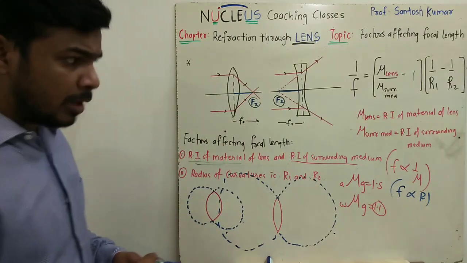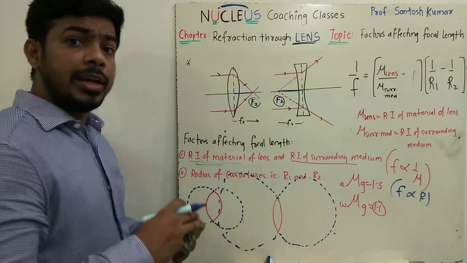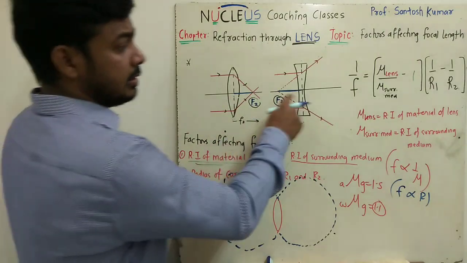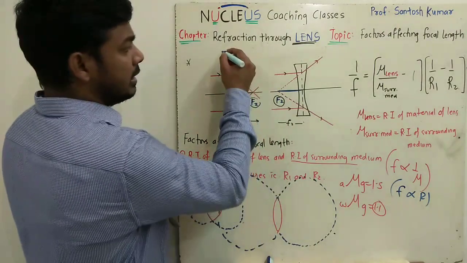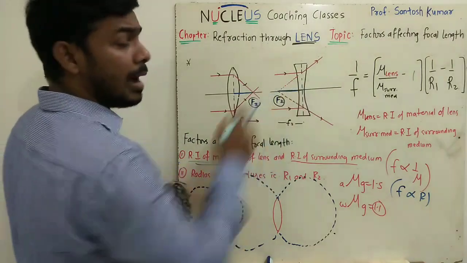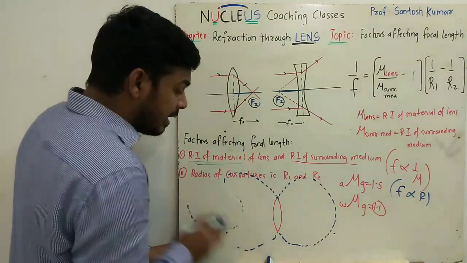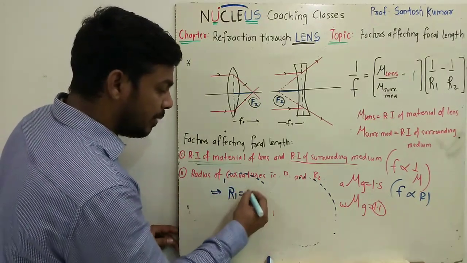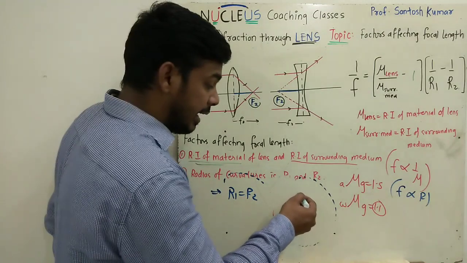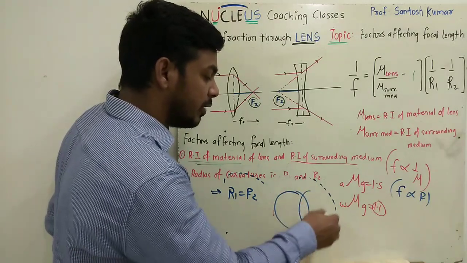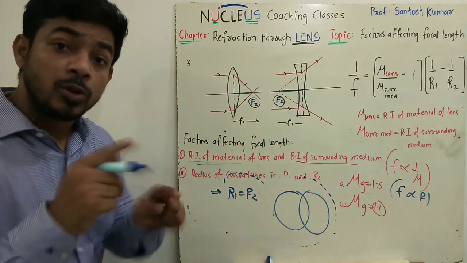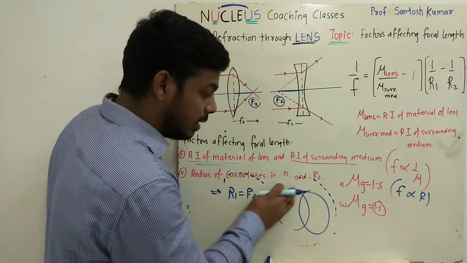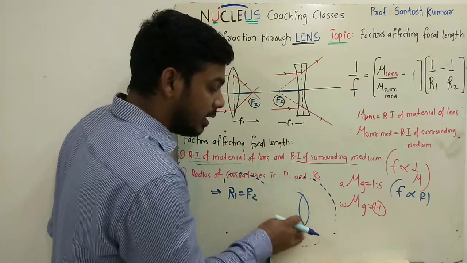And one more important thing: there is a concept of equiconvex or equiconcave lens. These are the two refracting surfaces. I call this lens a biconvex lens or biconcave lens. But there will be a condition when R1 becomes R2. That means if a lens is made up of two identical spheres, R1 will be equal to R2, and the surrounding medium on both sides remains the same.